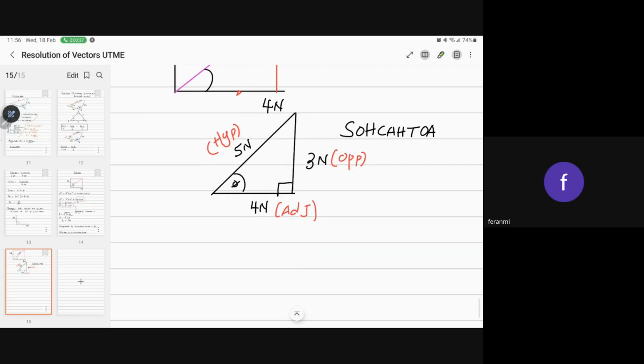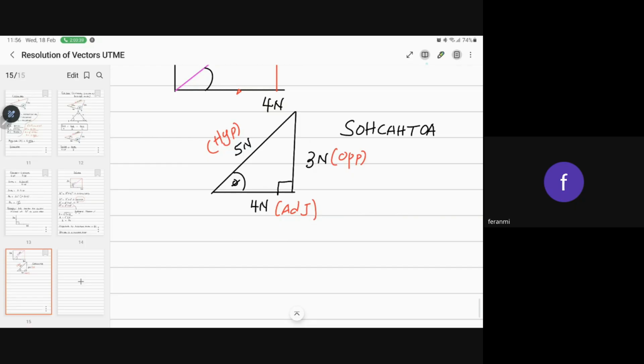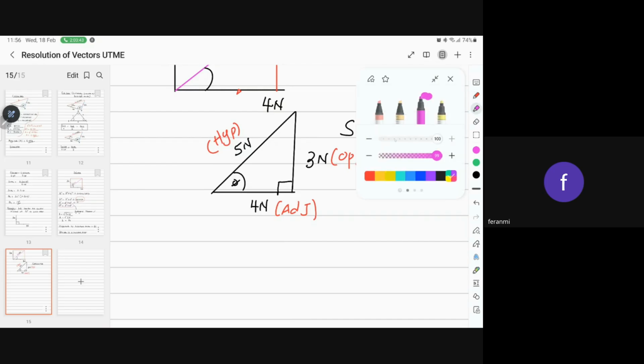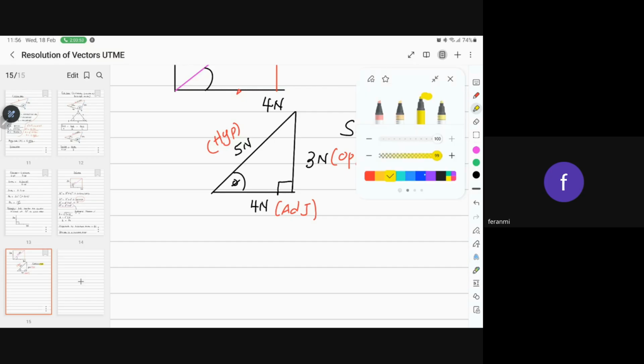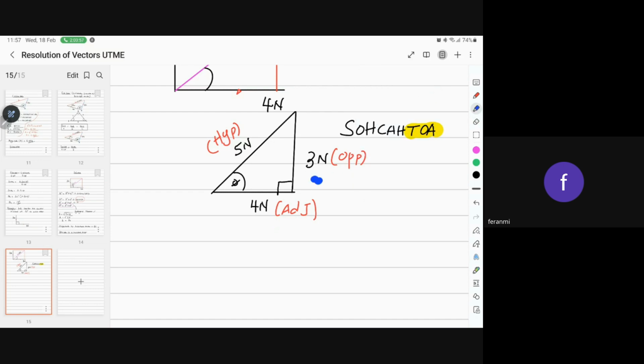So the one that connects both of them is toa. It connects these two. You can use any one actually, but it's advisable that you make use of those two vectors they give you. Don't make use of the resultant vector. Make use of the two vectors they gave you to look for the angle.